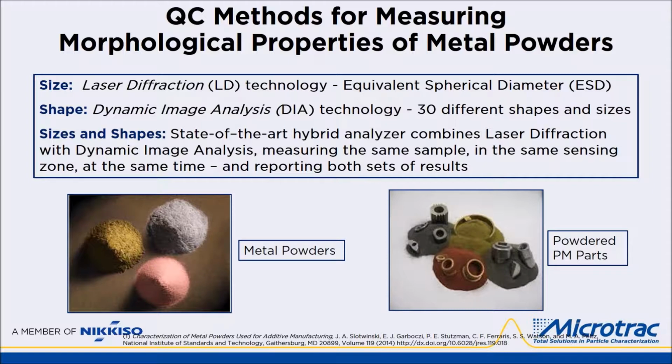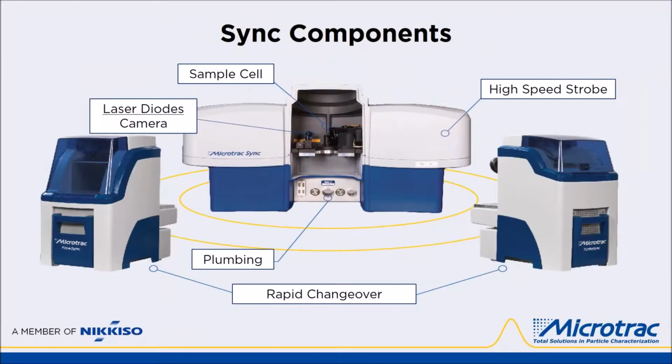A new hybrid instrument that does both laser diffraction and dynamic image analysis simultaneously is now available. Here are photos of the instrument, the Microtrac SYNC, where the liquid dispersion module is shown on the left, the optical bench and electronics in the middle, and the dry powder dispersion module on the right.